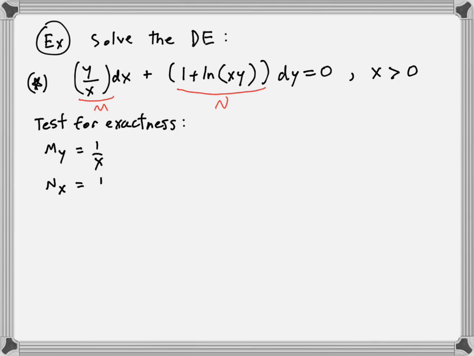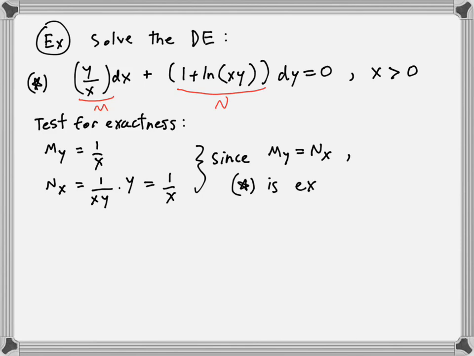This is going to be 1 over xy times the partial derivative of xy with respect to x, which is just y. But this is just 1 over x. Okay, so because these two are the same, M y is equal to N x, so let me call it star. Star is exact.